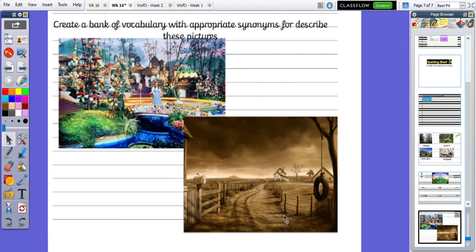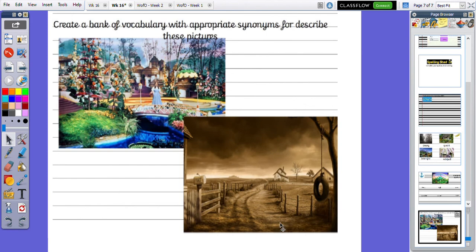And then the second one shows the farm that's dull and grey and boring. So I want you to find a bank of words to show the difference between the two. For this one, I wouldn't really expect to see words like desolate or run down. I might expect to see them for the second picture.